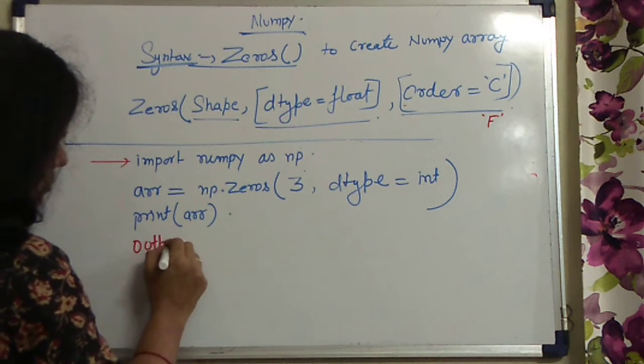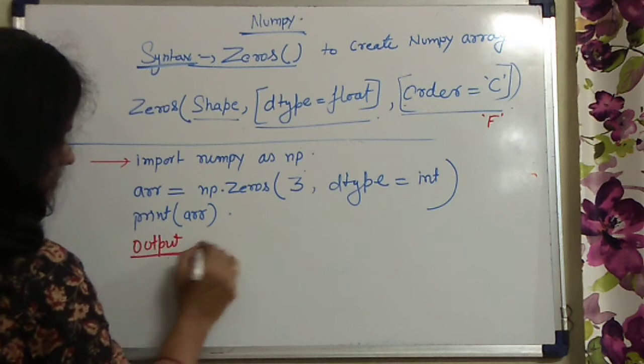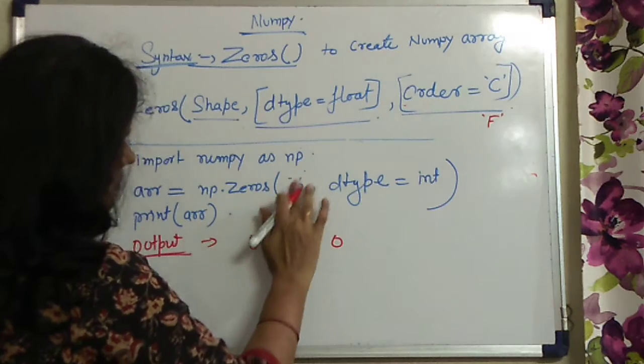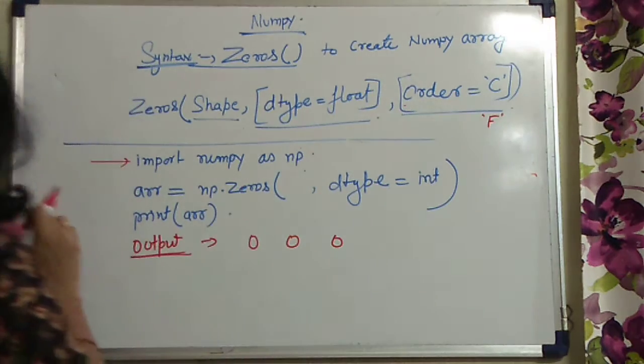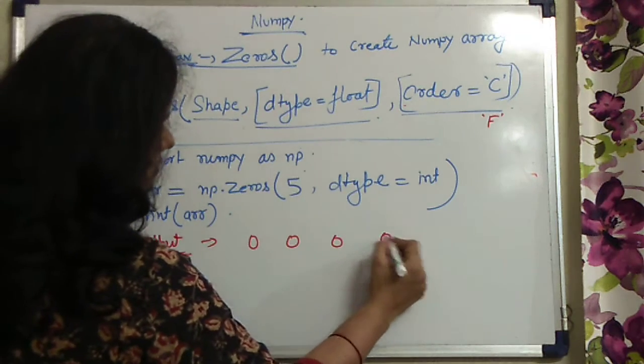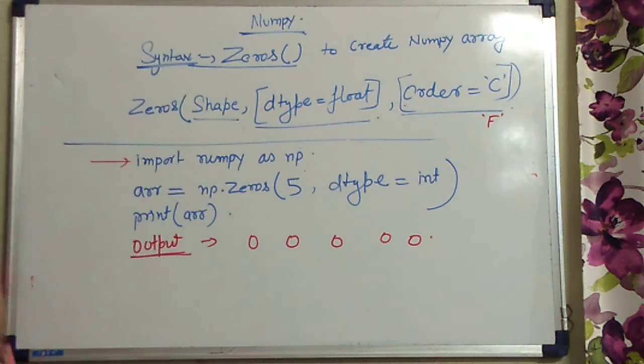You will be able to see the output 0 0 0. Suppose here you write 5, then it will show 5 zeros. Okay. Now as I told you, I am giving you an example of a single dimensional, one dimensional array.